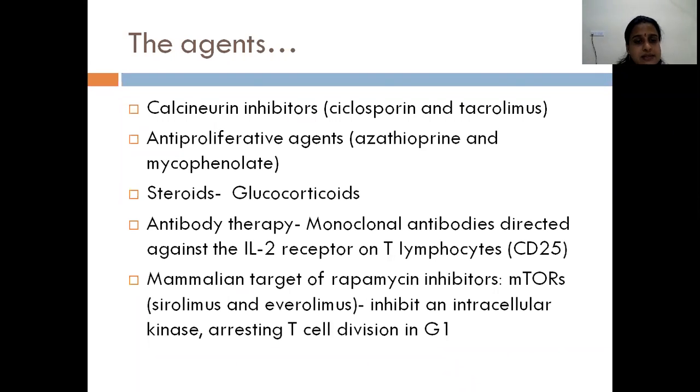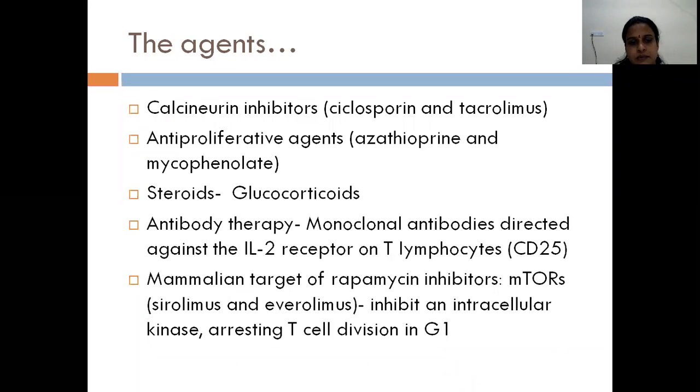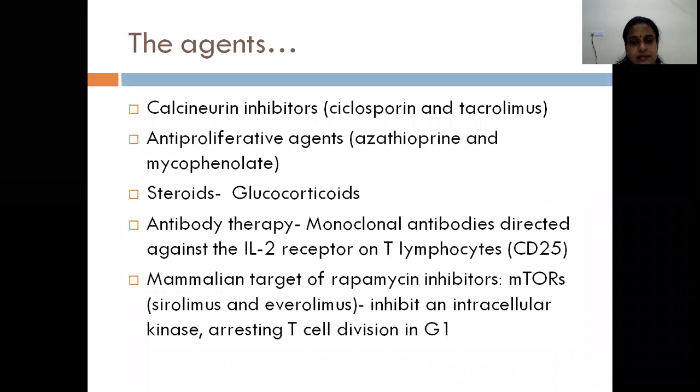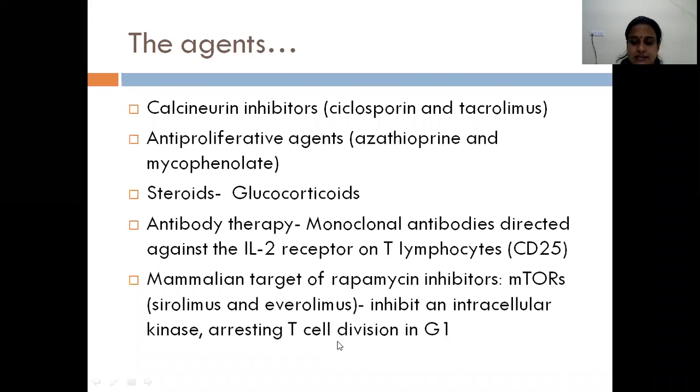The other group is the mammalian target of rapamycin inhibitors, also shortened as mTOR inhibitors. Examples are sirolimus and everolimus. They are better than the calcineurin inhibitors, which are most commonly used, just because they inhibit one particular intracellular kinase and hence arrest the division and proliferation of T cells.